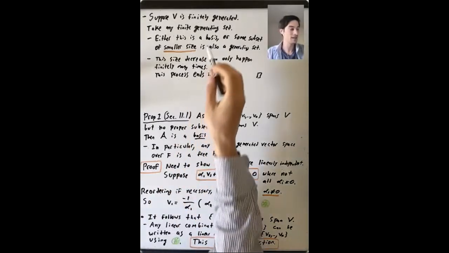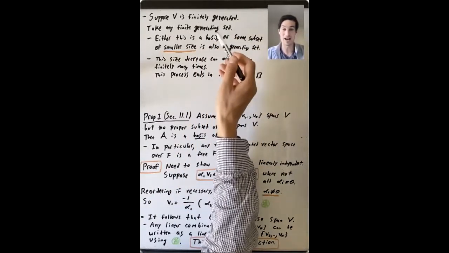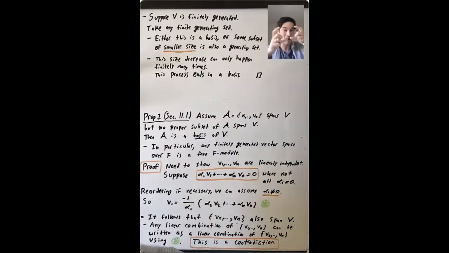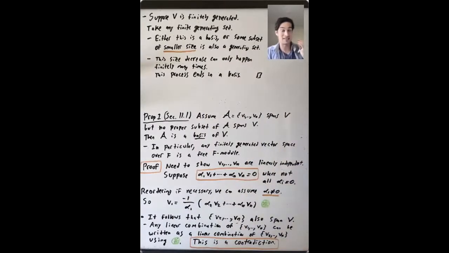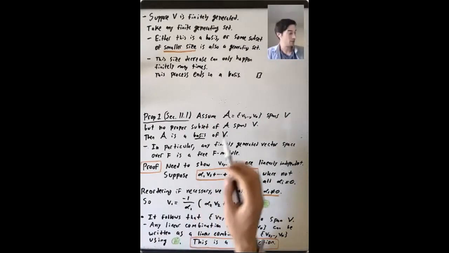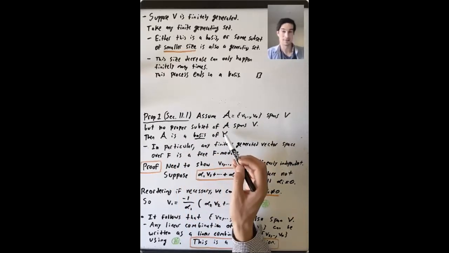And the generating set you started with was finite. So you can only do this thing where you take a proper subset and a proper subset and a proper subset, where the size goes down each time, finitely many times. And in the end, you have to have some set that is still a generating set and no proper subset generates your vector space, which means by the first part of this proposition that you have a basis.